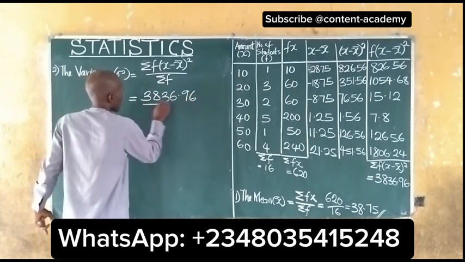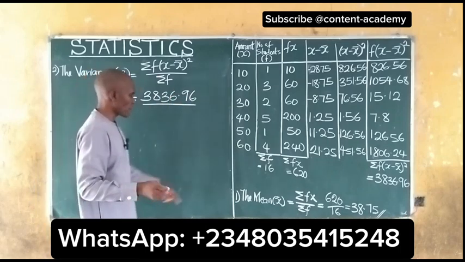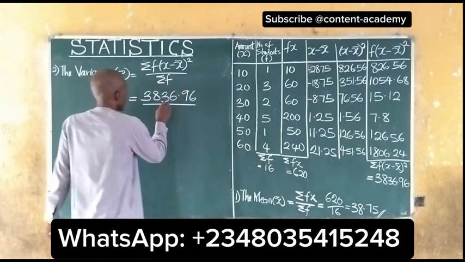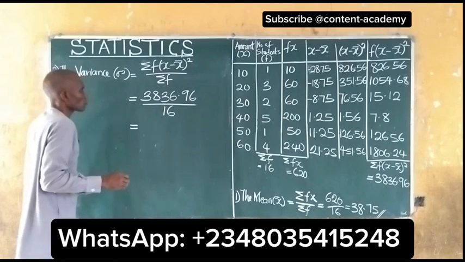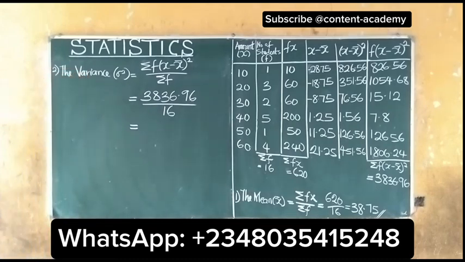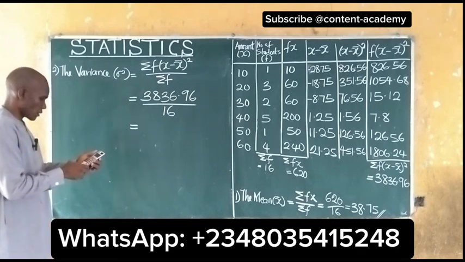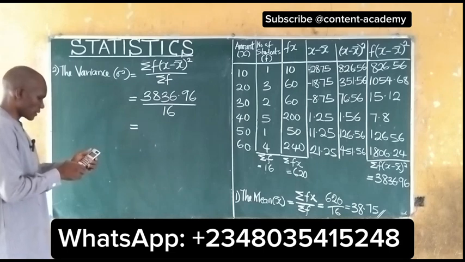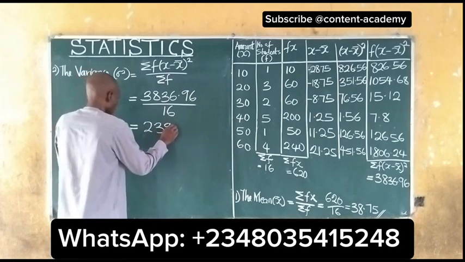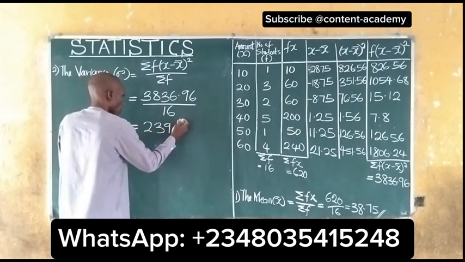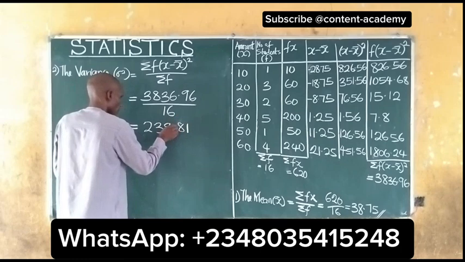3836.96 divided by summation of f, we have it as 16. So 3836.96 divided by 16 is equal to 239.81.